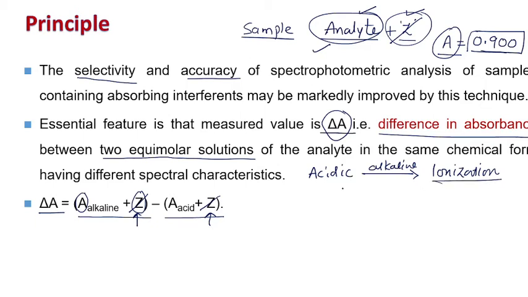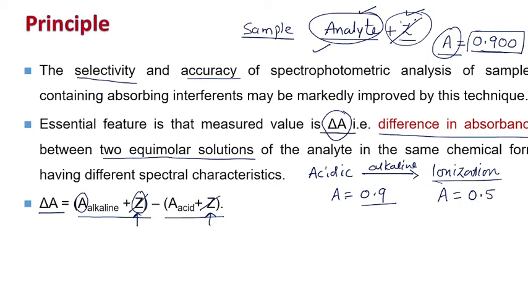Now let's say my drug in the alkaline pH has an absorbance A of 0.9 and the same drug in the acidic pH has an absorbance of, let's say, 0.5. As I mentioned, my drug contains impurities, which we refer to as Z. So the 0.9 absorbance is not only because of my drug, but also because of the impurities.